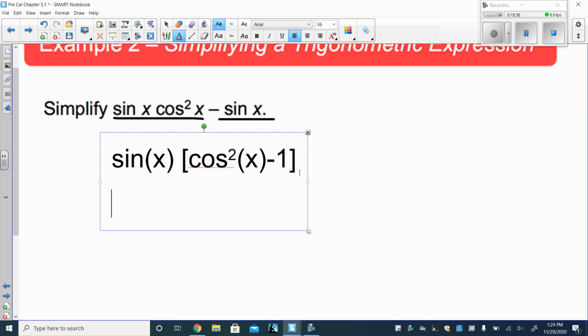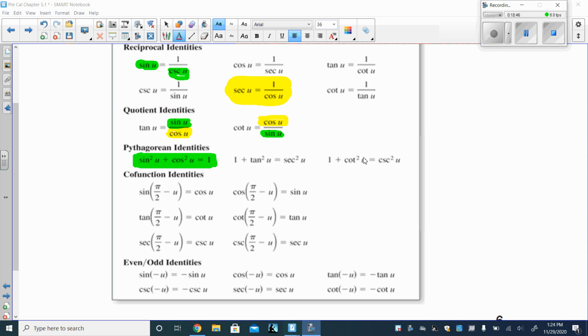And we're left with this here. Now, we're not going to do anything to the sine of x, but we're going to do something to the cosine squared of x minus 1. Now, I'm going to go back a few pages to this Pythagorean identity: sine squared of u plus cosine squared of u equals 1.